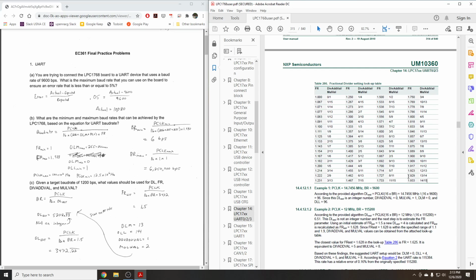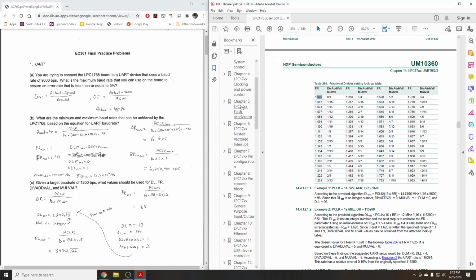If we only have those 4 bits for div add val and mul val, these are the largest and smallest fractions that we can get for this FR value, this fractional divisor. If I want the maximum value, that's going to be 1.933. If I want the minimum value, that's going to be 1. So that's what I'm going to do here, basically just plug in the maximums to find the minimum baud rate. I also need to know the minimum and maximum clock speed.